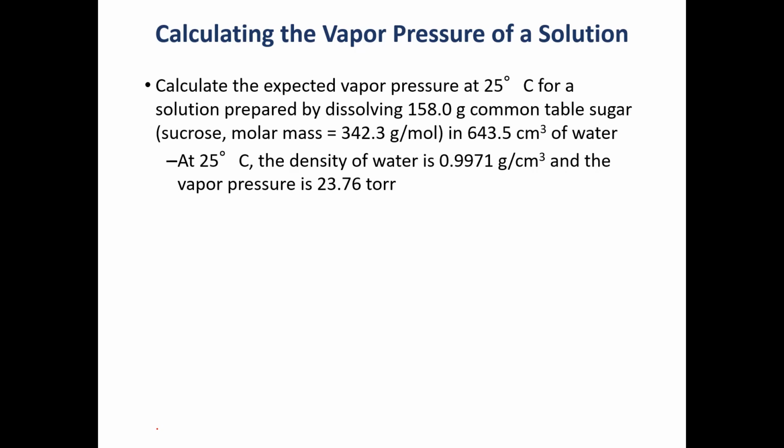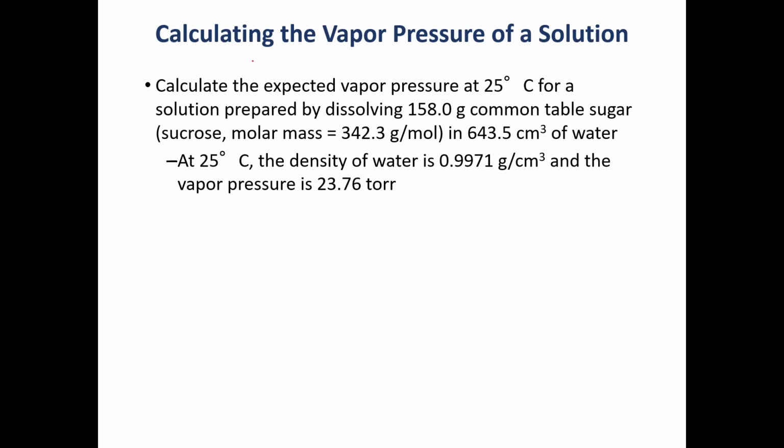Table sugar is sucrose, which has a molar mass of 342.3 grams per mole, and we dissolve that sugar in 643.5 cubic centimeters of water. We're given the density of water at 25 degrees Celsius, and we're also given the vapor pressure of water. And we want to know the expected vapor pressure for this solution.